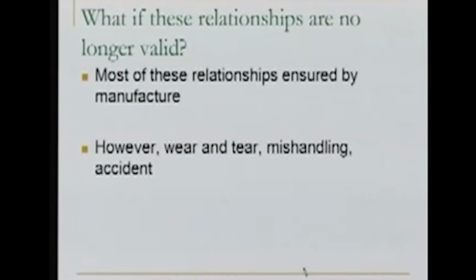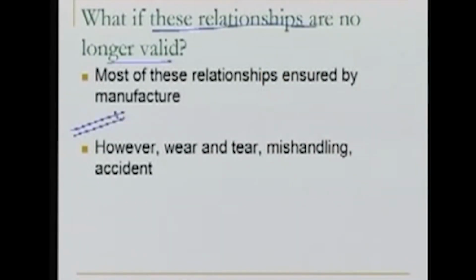Now we have seen all these different kinds of relationships. We want the ideal instrument to be like that. But if it is not so, what to do? Let us be assured that in most of the instruments, particularly the modern total stations, most of these relationships are ensured by the manufacturer, and very rarely will they go out of adjustment.